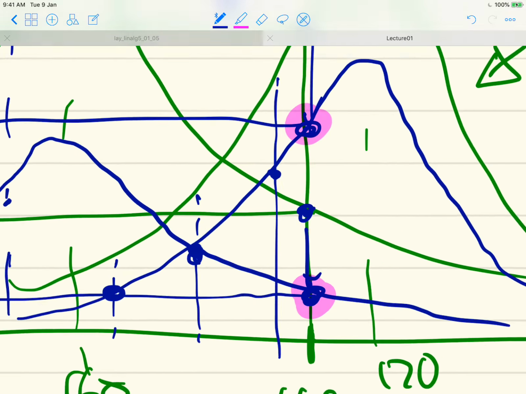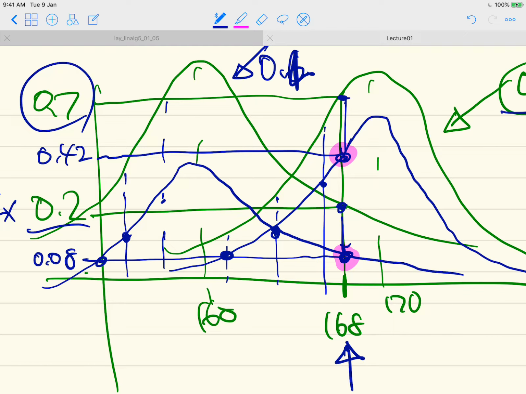So between these pink points, which one is larger? Of course, this one is larger, right? So what is the corresponding class for the y value? That is definitely male. So this is the intuitive process of this Bayes classification or Bayes classifier.